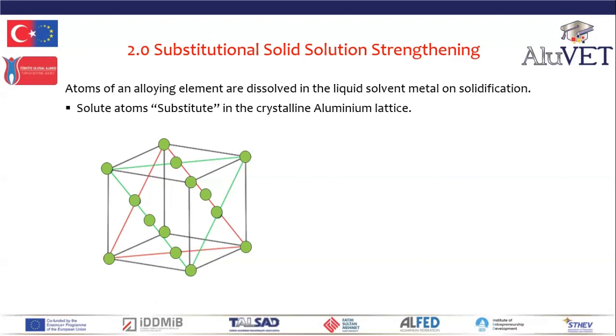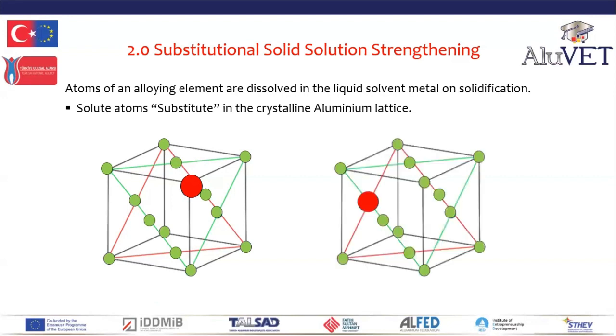So the alloying solute atoms substitute for aluminium in the face-centered cube, either in a corner or in the center. So as we solidify an alloy from freezing start to freezing finish temperature, the alloying elements replace an aluminium atom in the face-centered cube.